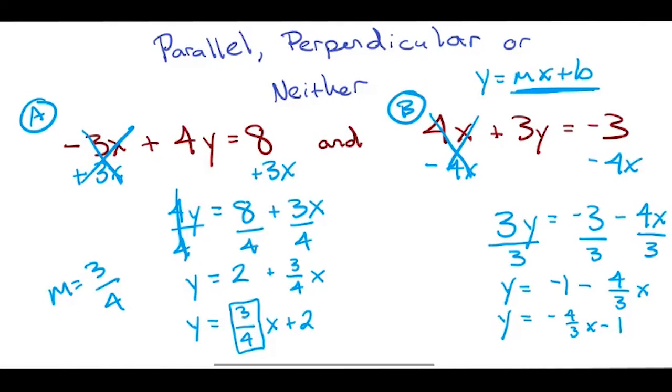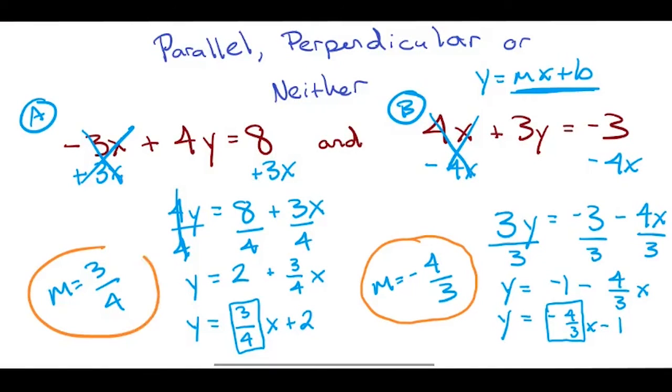And what I want you to notice here is that m is -4/3. So if I compare m equals -4/3 and m equals 3/4, notice that they are opposite.